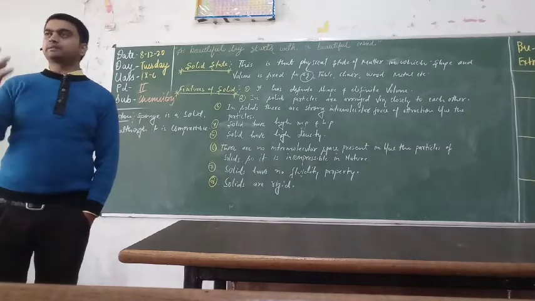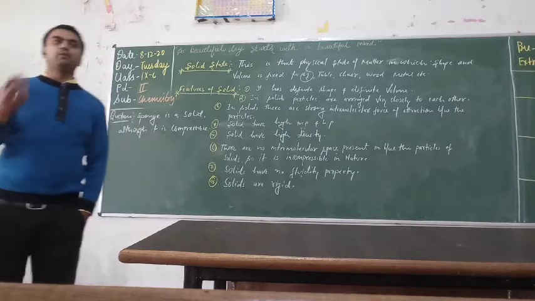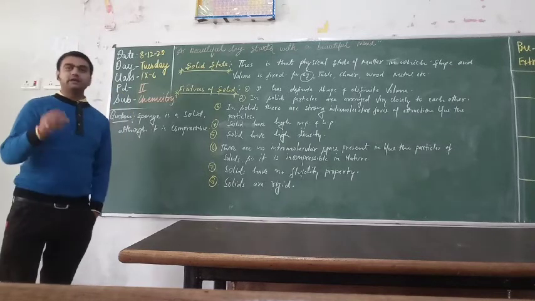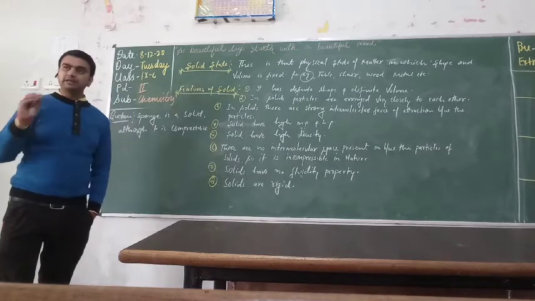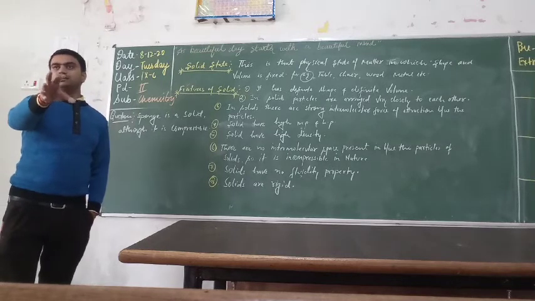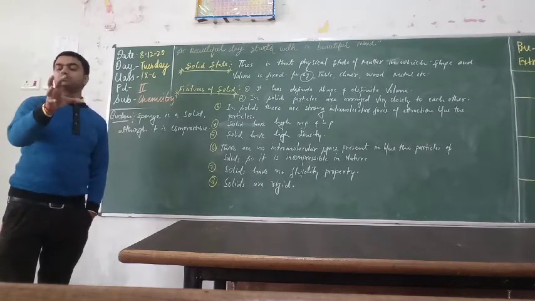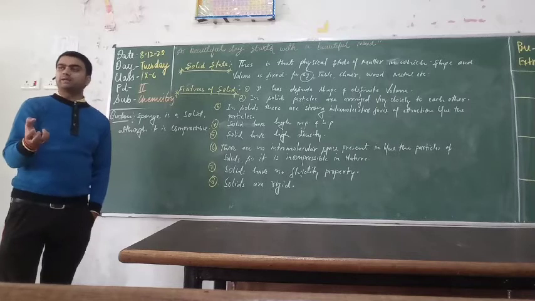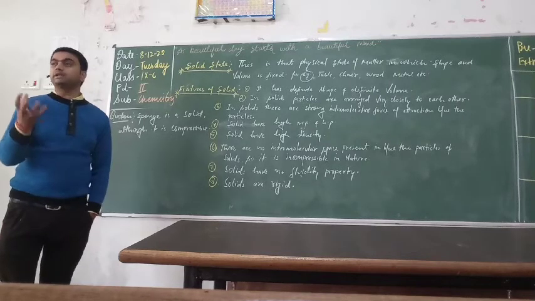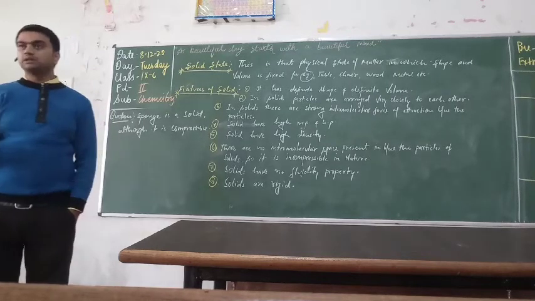Due to the presence of these fine holes or pores in the sponge, the air or gases enter inside it. When we want to compress it, it will easily compress because we are compressing the air here, not the sponge. Clear?